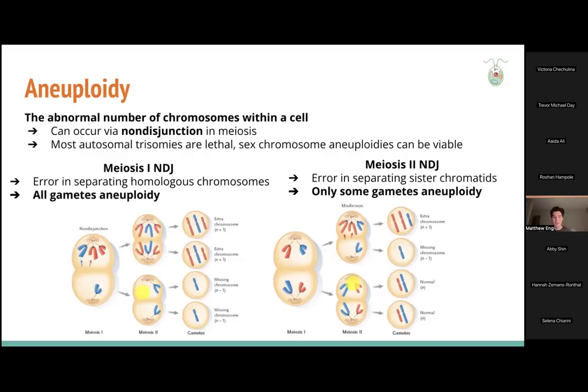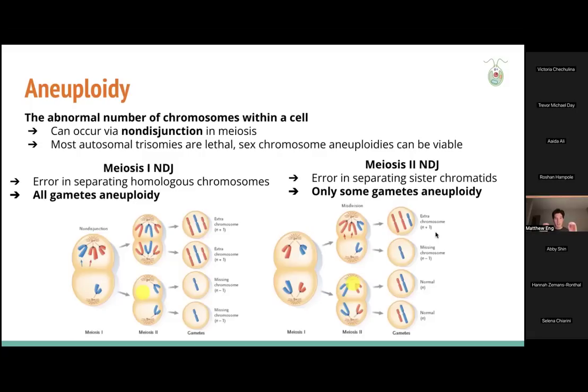It'll just be zip. So we can see in this bottom example on the bottom left that these two red chromosomes, those are the homologous pairs, are both being pulled up towards the top part there. And so once the cell separates, all of the resulting cells are going to have aneuploidy. So these top two cells are going to have three chromosomes. These bottom two are going to have one.